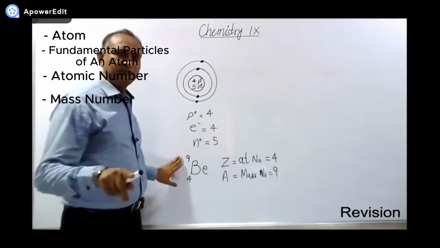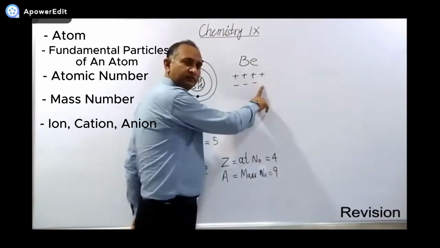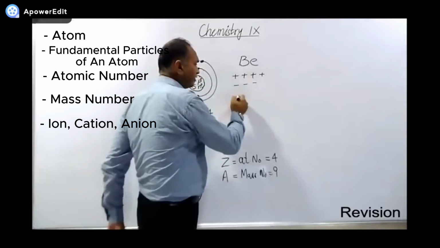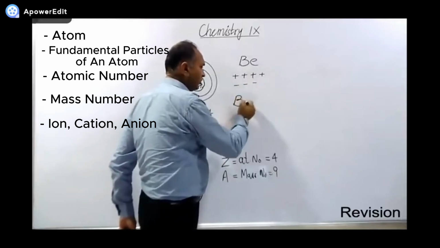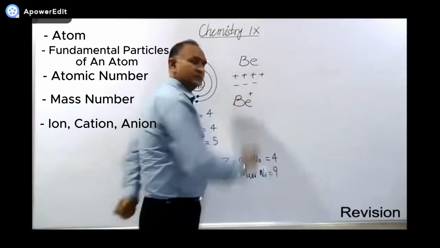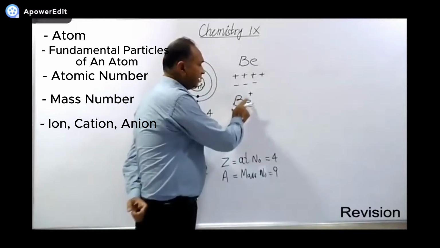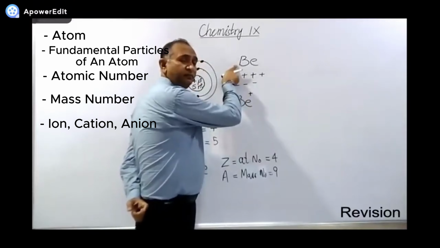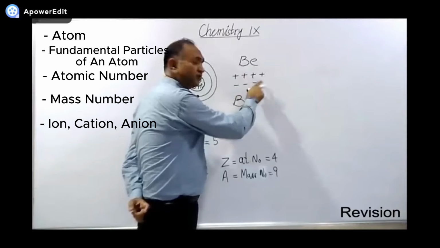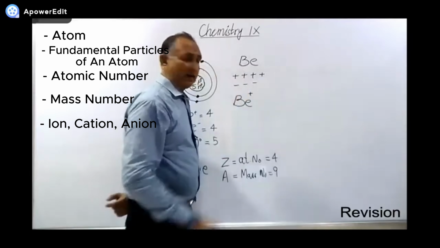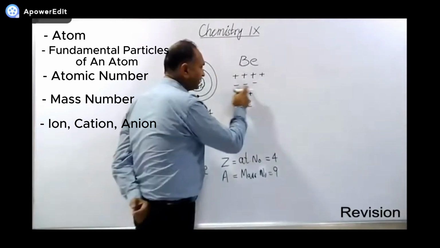If you remove an electron over here, then this will be unbalanced. How will we show it right now? We will show that this beryllium is different from this beryllium. Why? Because one of its electrons has been taken away. So it has got a charge. What kind of charge? Positive charge.